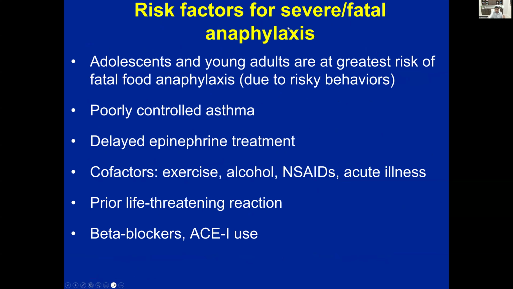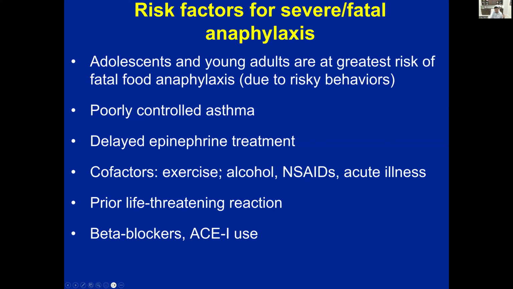And who are the people who actually die from anaphylaxis? Well, it's the youngsters, the adolescents. These are teenagers who ignore their symptoms. They're more risk takers. They say, oh, no, I'll just take antihistamines. These are the people who potentially can die. Also, those who have poorly controlled asthma, and obviously not taking epinephrine is a risk factor.